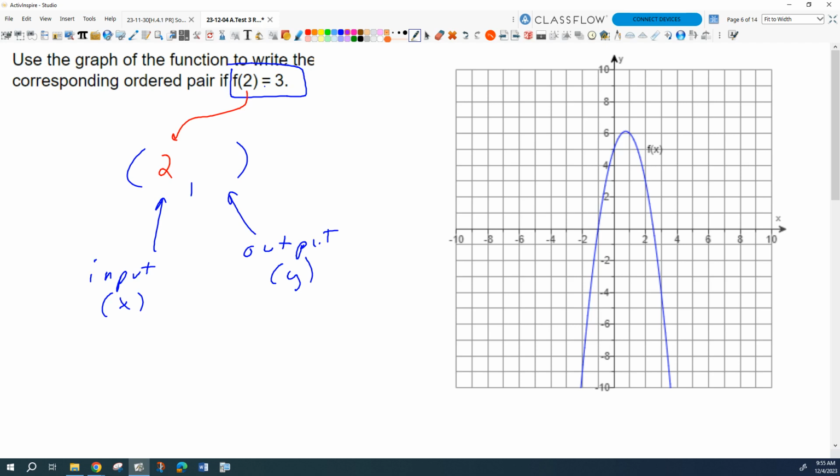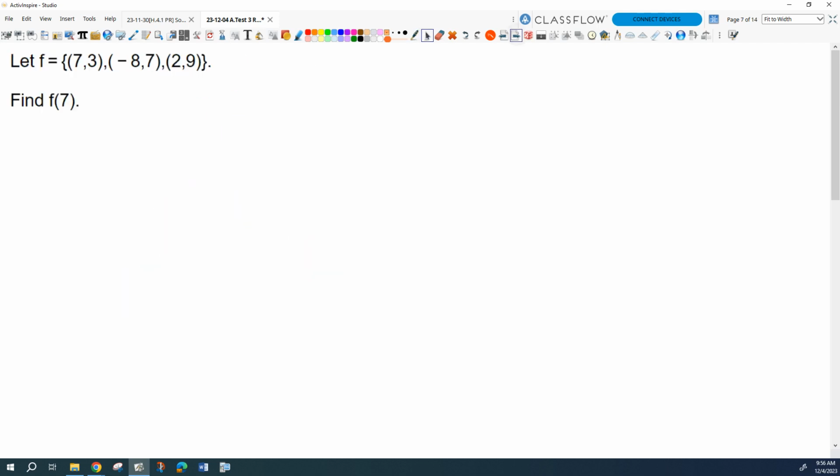Remember, in is what you're plugging into the function. Out is what the function is spitting out. The function is spitting out the 3. So there's my ordered pair, 2, 3. Now, could you use the graph? Sure. It's right there. There's the ordered pair with coordinates 2, 3. Okay. But you don't need to. It's all right there.